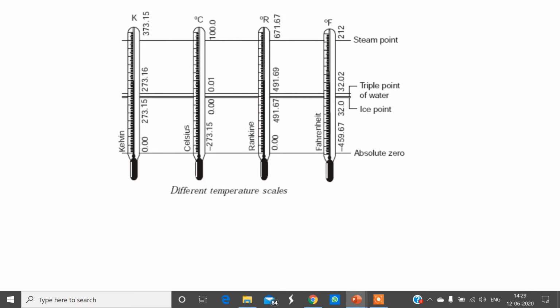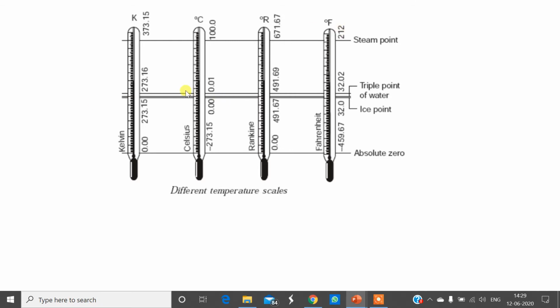All three phases of water means liquid, solid and gas. Liquid means water state, solid means ice state, and gas means water vapor. At atmospheric pressure and temperature 0.01 degrees Celsius, you can see all three phases of water, that is ice, water and vapor.